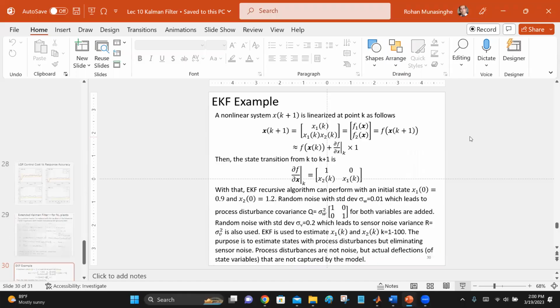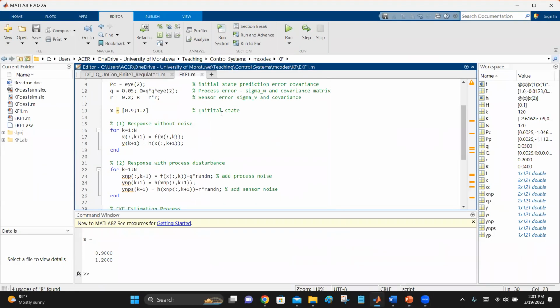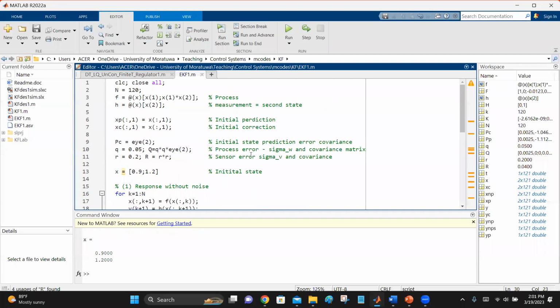Then we can actually do this in MATLAB. So I have my MATLAB over here. You can see the code. So that is the code, extended Kalman filter. I implement these 420 steps, and this is my function. You can see this is not a linear state space model. It is x1 in the first row, and x1 times x2 is the second row.